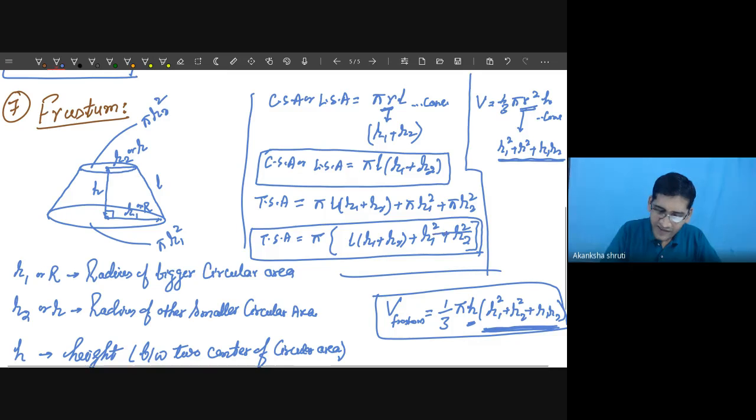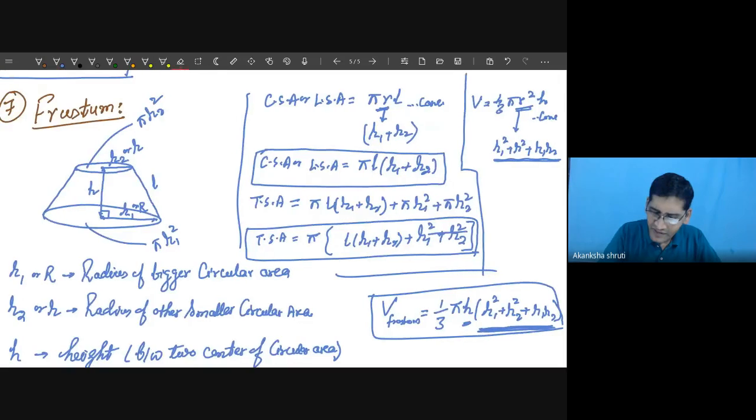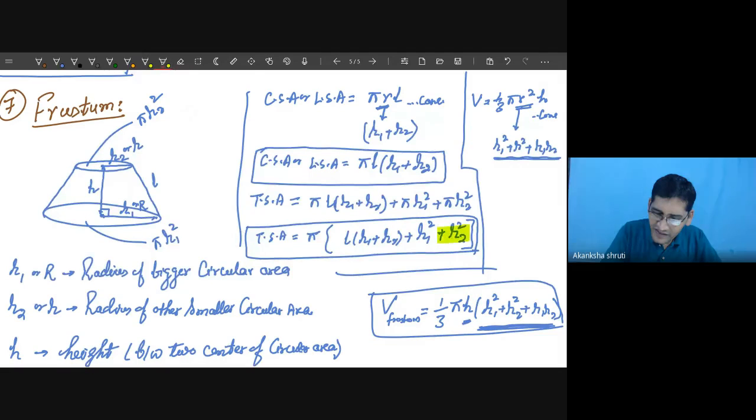So the confusing part is only this much. This much also matches with this much. But keep in mind, if you are talking about the volume, you always start with this H. Taking this, forget about L; you need to take R1 R2.